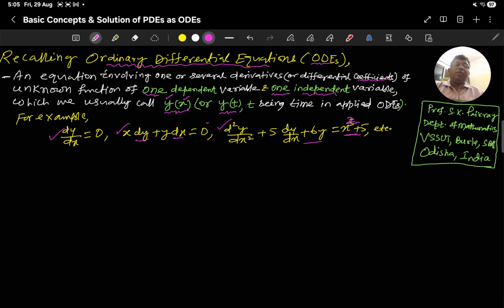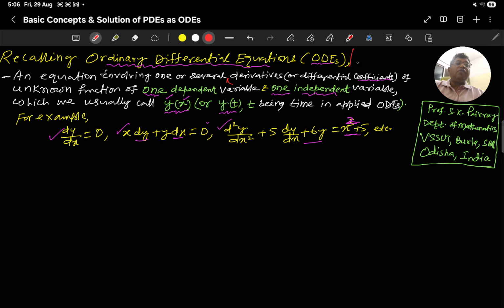So now what is a partial differential equation? Just a simple extension of ordinary differential equations. If you compare this definition with PDEs, then these derivatives will be partial derivatives.